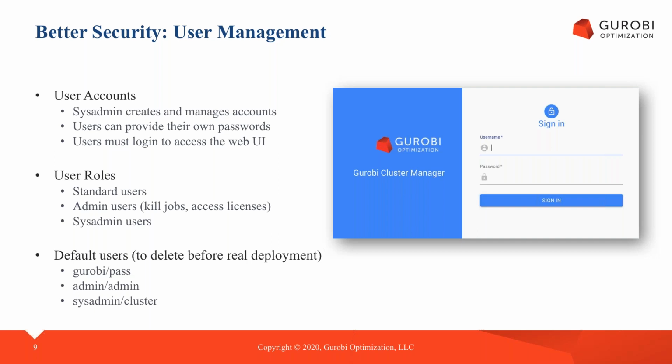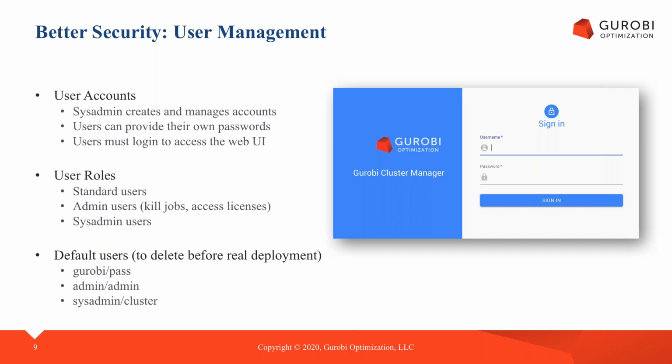We have defined 3 different roles: standard users, admin users, and sysadmin users. Standard users are able to submit new jobs, and the administrator can kill any job from any user. They can also access the licenses. The system administrator can do all the above, and in addition, can manage the users and other system attributes.